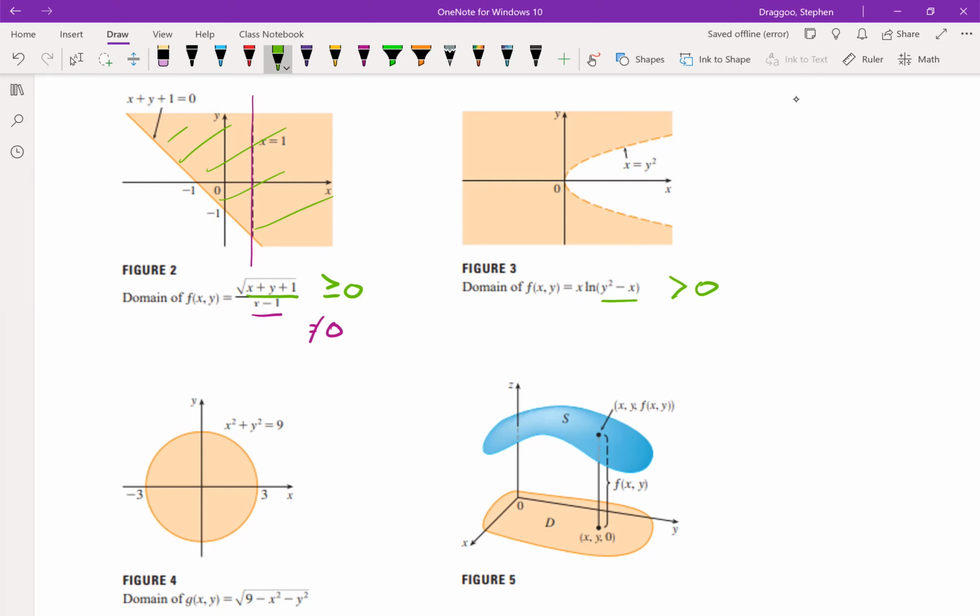And then notice the dotted line along that parabola, because we're not including that curve.